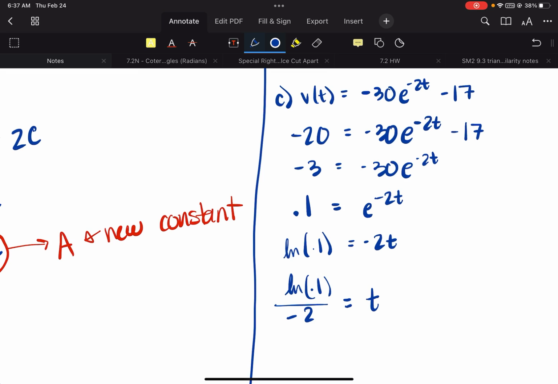And my t is approximately equal to 1.1513. That's how long it's going to take for the skydiver to reach a speed that's safe.